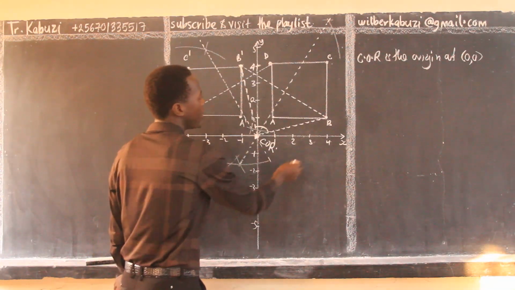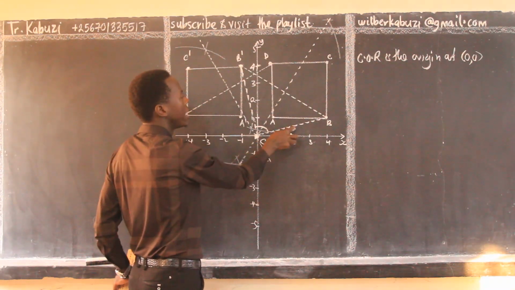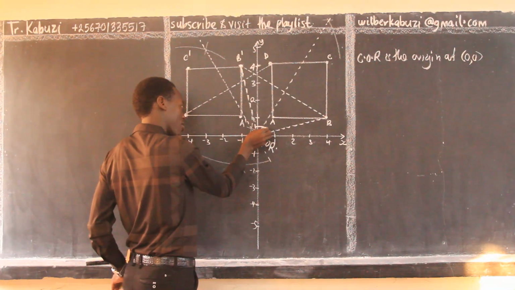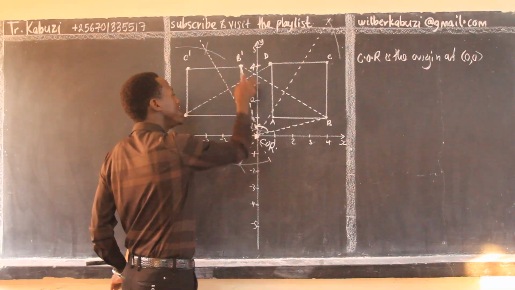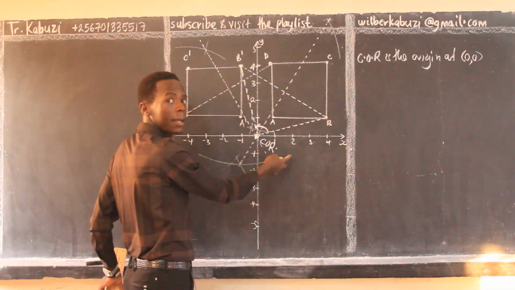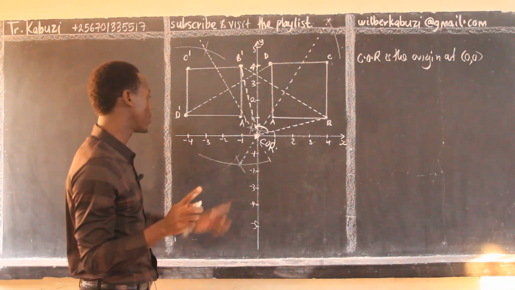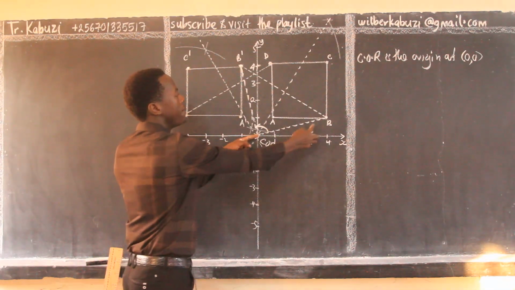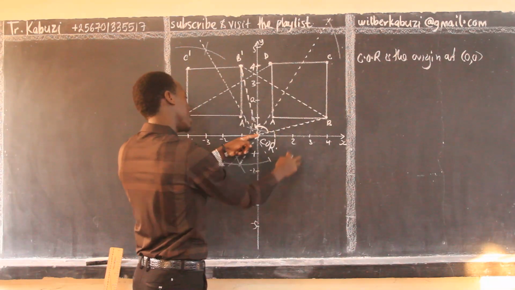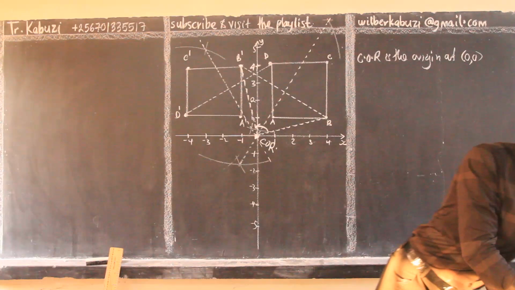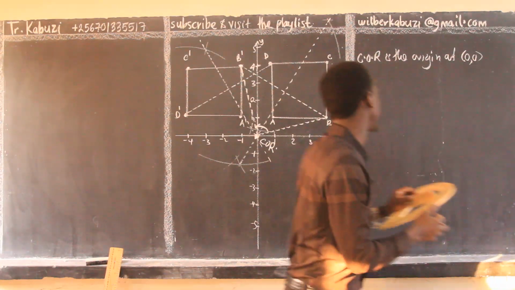Now remember, we are moving from the object to the image, going this side. So we are going anti-clockwise, meaning that our angle of rotation is positive. If B was there and B prime was there, going the other side, it would have been negative. Then you get your protractor so that you can measure it with ease.